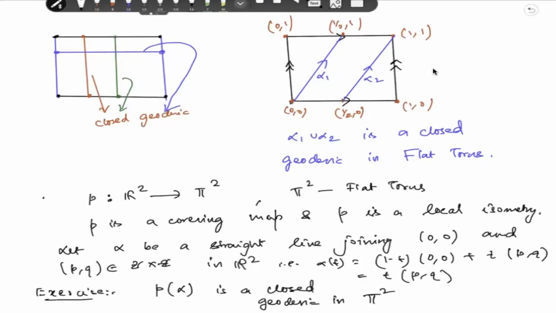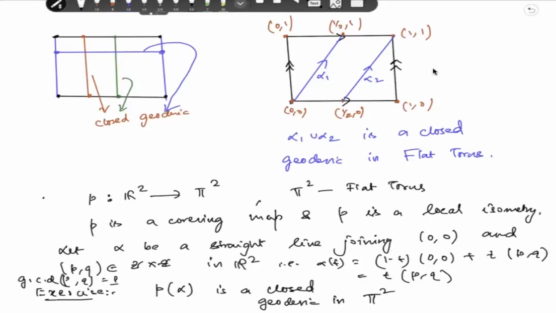Here I need to assume one more thing: p and q are coprime to each other, so GCD(p, q) is equal to 1.